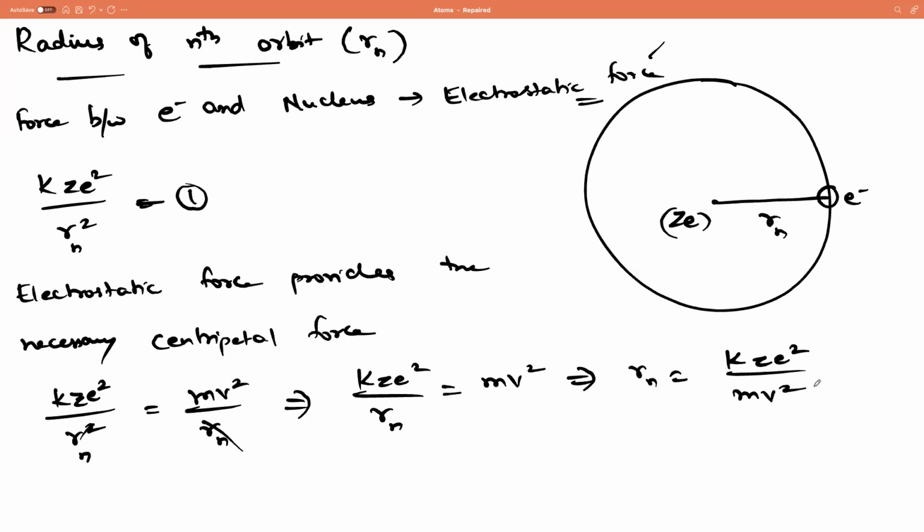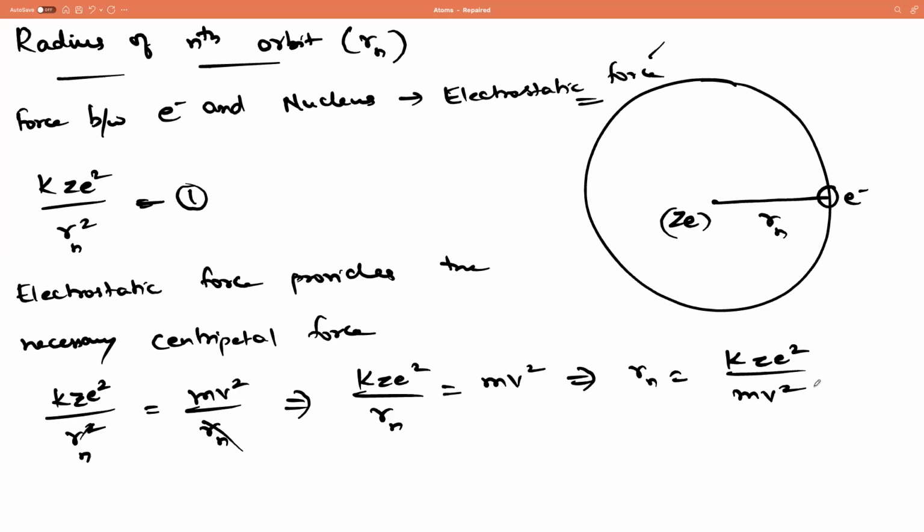Why? Whenever you are deriving any formula theoretically, you need to ensure that all the quantities involved in the expression should be in a way that you can calculate them.